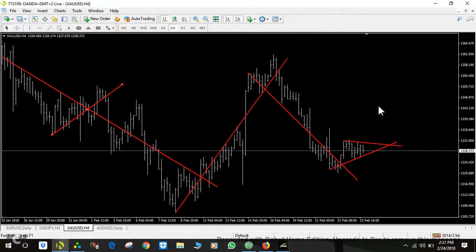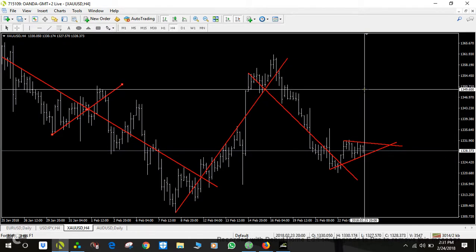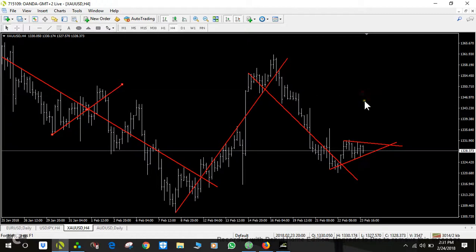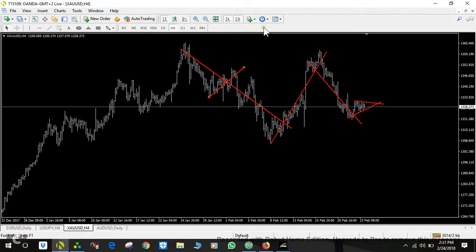Can't do anything else. It can go sideways for a couple of days, sure, but eventually it's got to go up or down. If it's up, then it'll probably only go to about here. Then again, it could go up into the heavens. So we've got to be prepared for that.